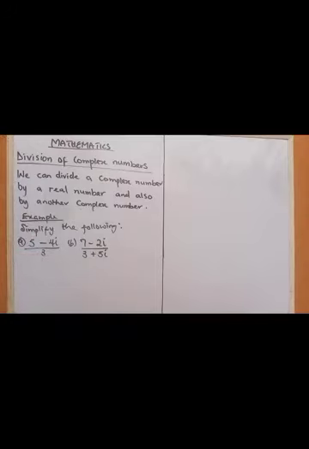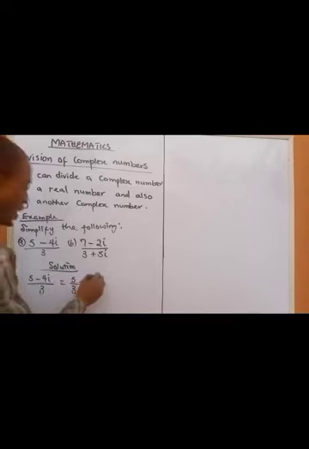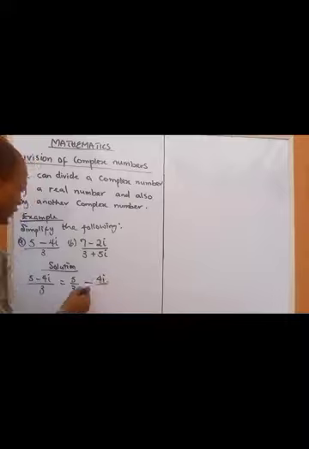So when we are given this question to solve, what do we do? For its solution, we say that (5 minus 4i) over 3 will be equal to, we treat it as 5 over 3, we place this 5 on top of the denominator 3, then minus, we place the 4i on top of the denominator also, that's 3.